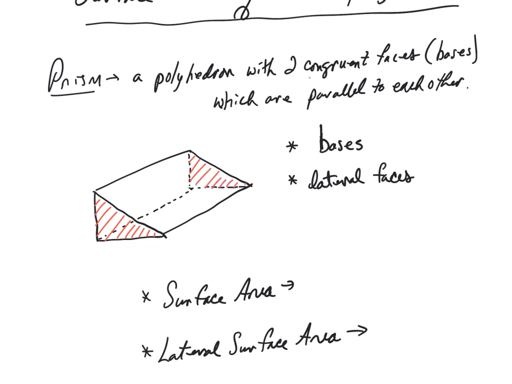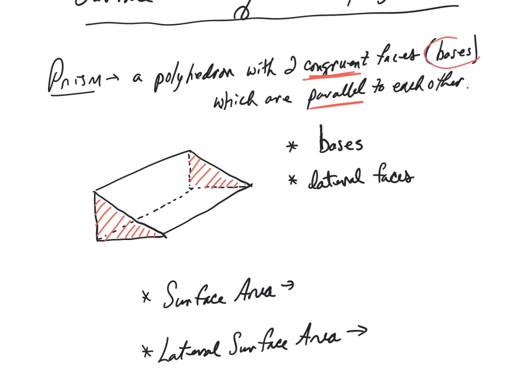So those two triangles are congruent to each other, so exactly the same sides and exactly the same angles, and they're also parallel to each other. Okay? So if those two things are true, then it's called a prism. And the congruent faces are called bases.